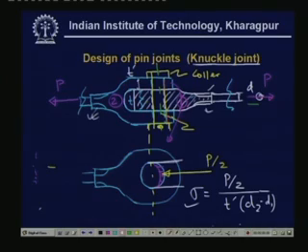In standards, if you look at any good design handbook, you will see that those dimensions, that is the curvature of this I bar and of this fork end, are related to the measured dimension d. So this is how normally those things are to be selected.